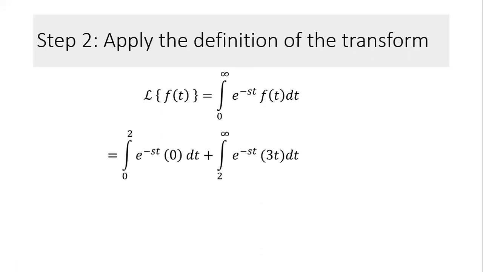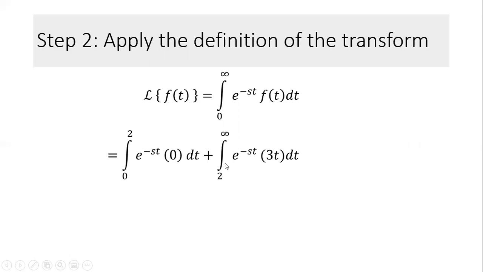Now, as we do that, because this is a piecewise defined function, we actually have to write that integral from 0 to infinity in 2 pieces, because our function rule changes at x equal to 2. So between x equals 0 and x equal to 2, we're going to substitute in 0 for our function value, because that's what it is.